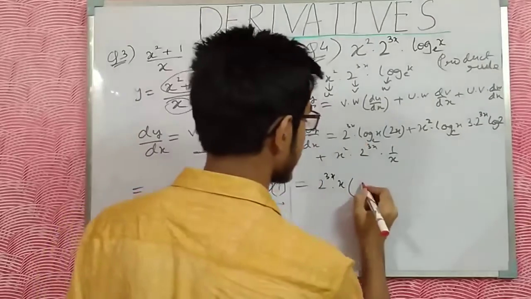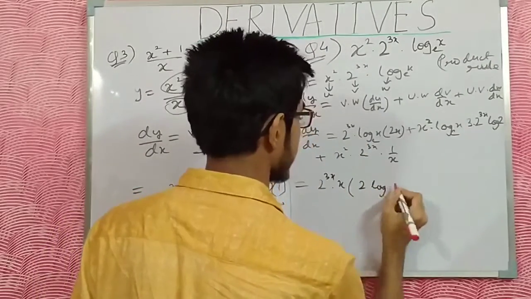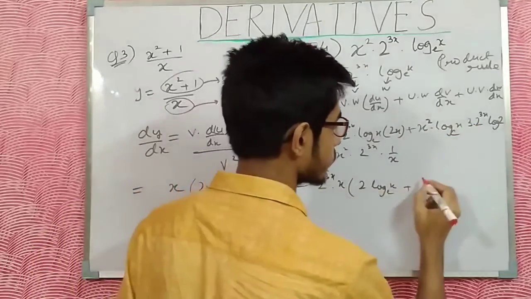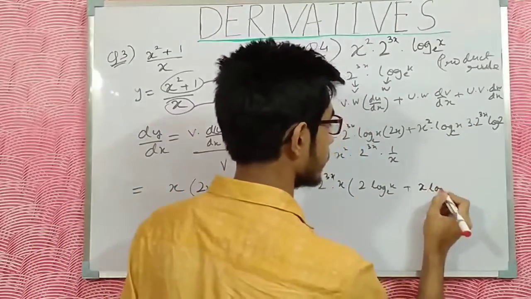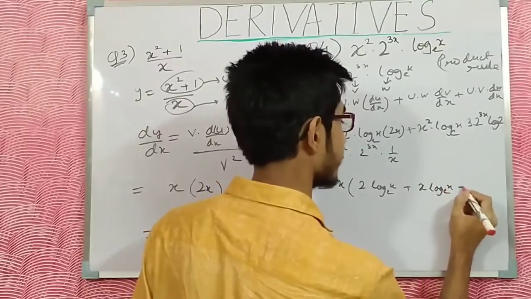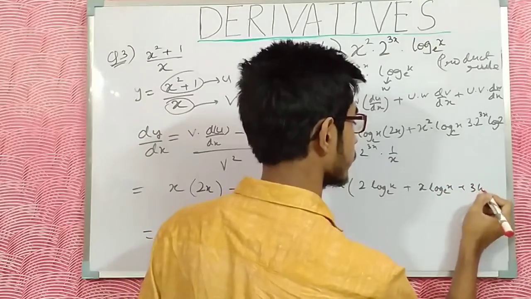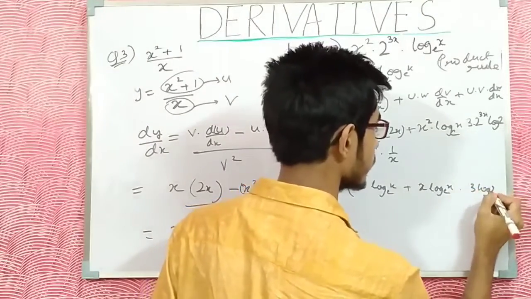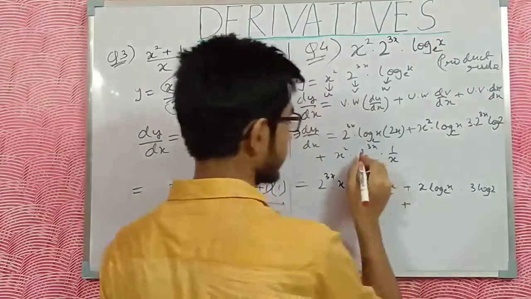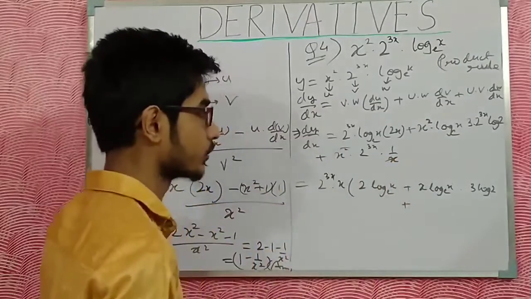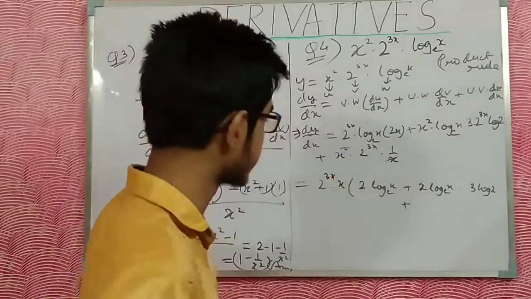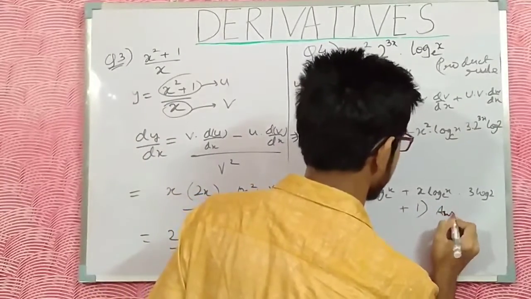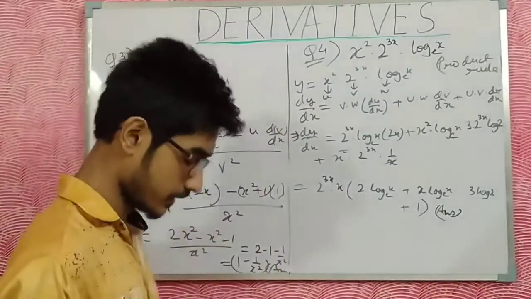Then it will remain 2 into log x base e, plus here 2 to the power 3x and x are common, so x will remain, into log x base e into 3 log 2. Then plus here x is cut, so x into 2 to the power 3x is there, so it will be 1. This is the final answer of this fourth sum.